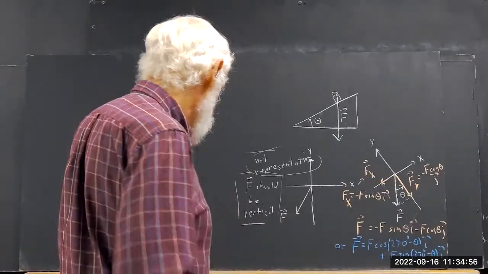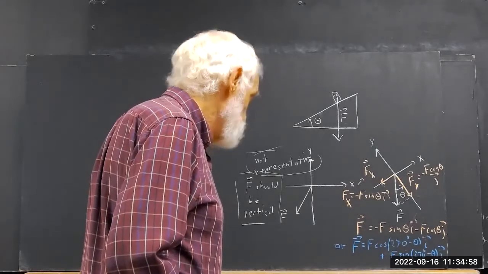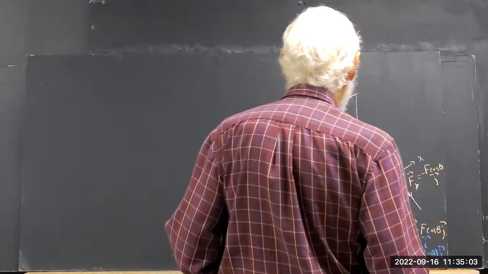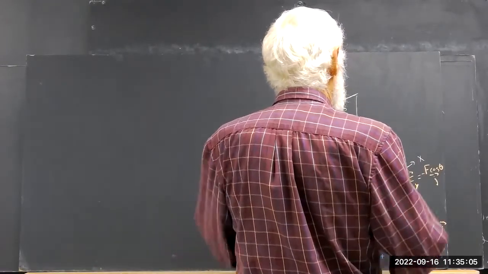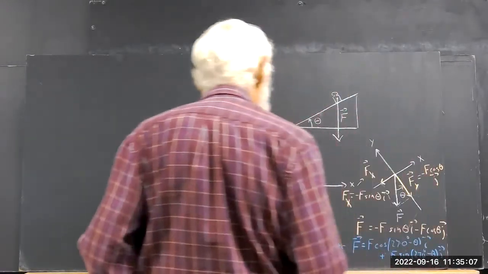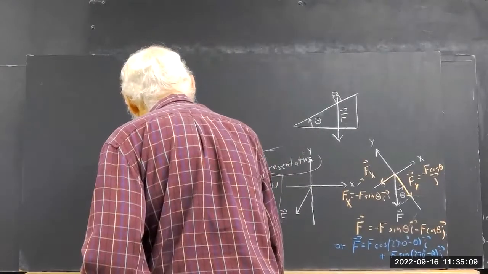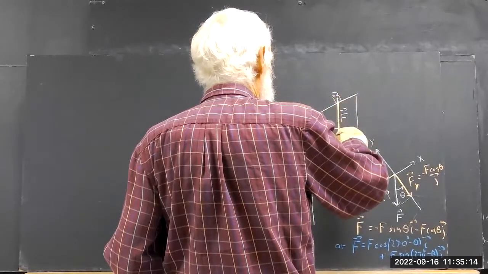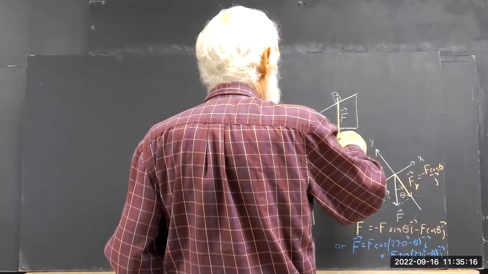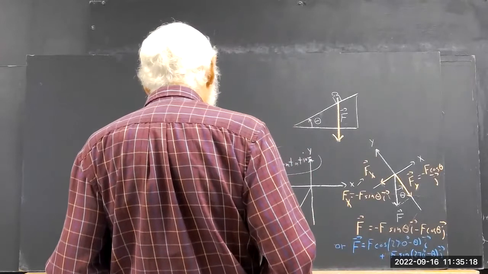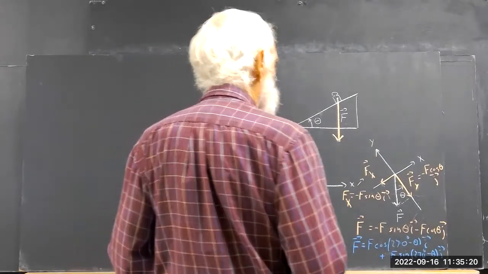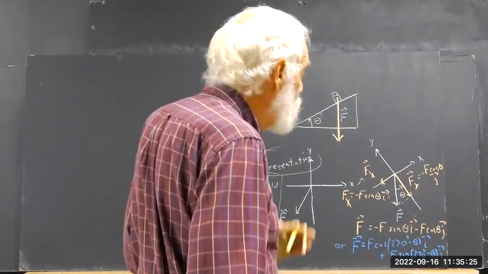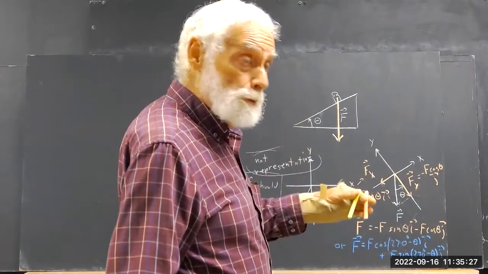Now, I can draw a little more in there. So this is the force exerted by gravity. And while we're at it, we want to see the forces that have to be exerted by the roof.